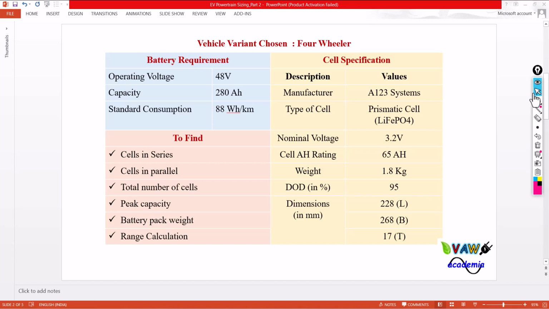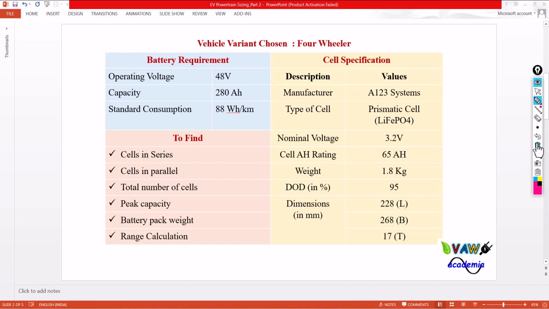watt hour per kilometer. If you look at this case, the cell specification is given here. It's an individual cell. The number of cells connected in series and parallel, we normally call a battery pack.